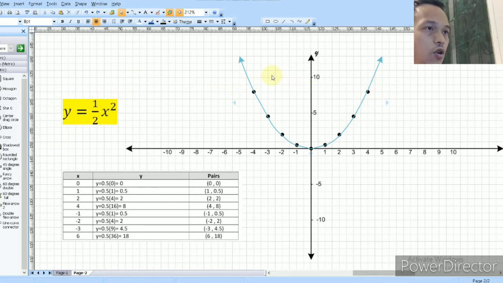Okay, so for example, if you have this kind of graph in mind, yeah, it can be like that. But again, the question is, will all the ordered pairs on this line satisfy your equation?